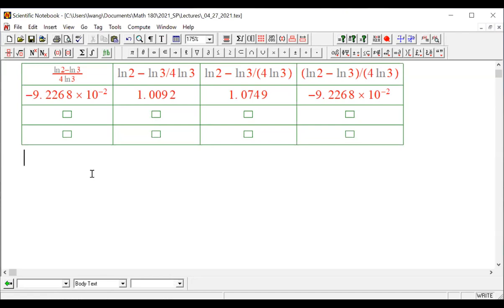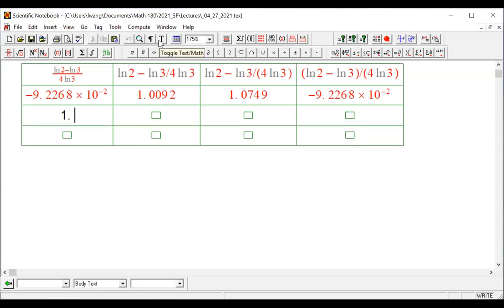To understand this, very important, okay? It's important not only for this class, it's for your future classes, for your future coding and all of that stuff. All right, the order of operation here, the first one done is of course ln2. ln2 is done. ln3 done separately.